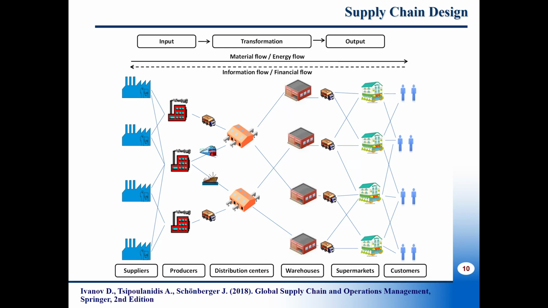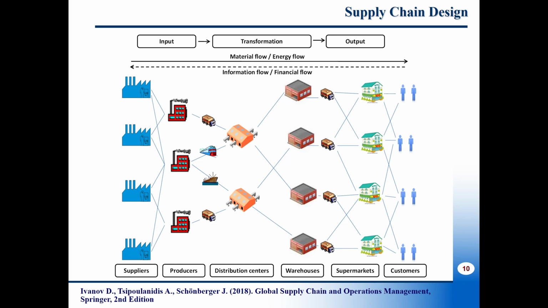From distribution centers, the product is delivered to warehouses, some kind of wholesaler. From the wholesaler, it is delivered to different retailers, in this case supermarkets, and from supermarkets finally goes to end customers.